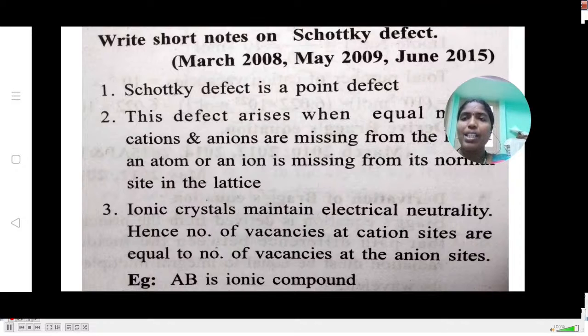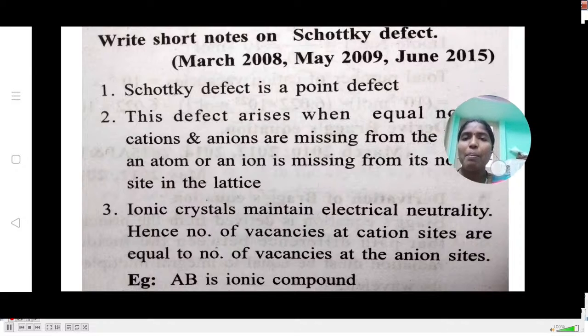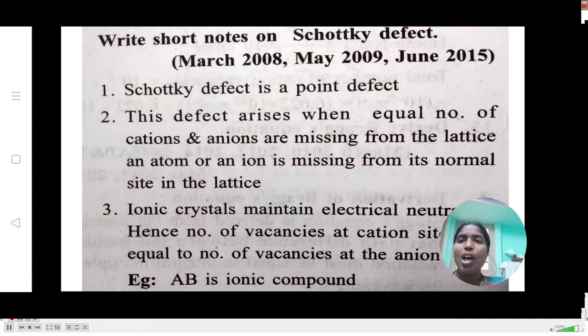This defect arises when equal numbers of cations and anions are missing from the lattice. An atom or ion is missing from its normal site in the crystal.